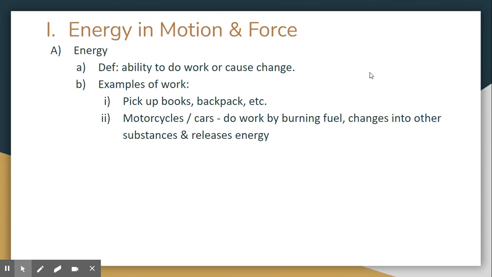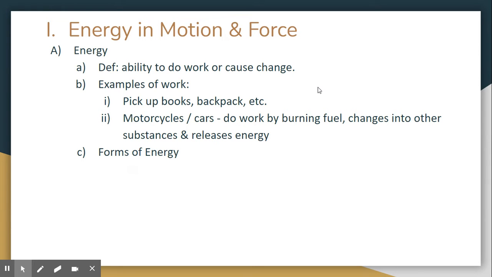They burn fuel. That changes the energy in the chemical bonds in the fuel into the energy that's used to make the car or the motorcycle move. So they do work by burning fuel. That changes it into other substances and releases some energy.